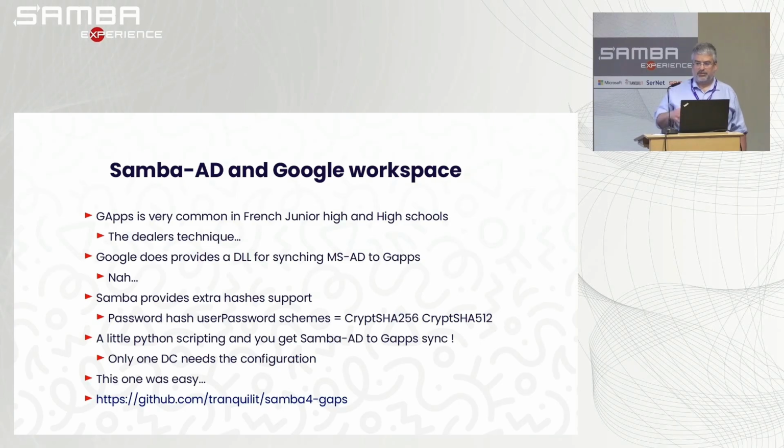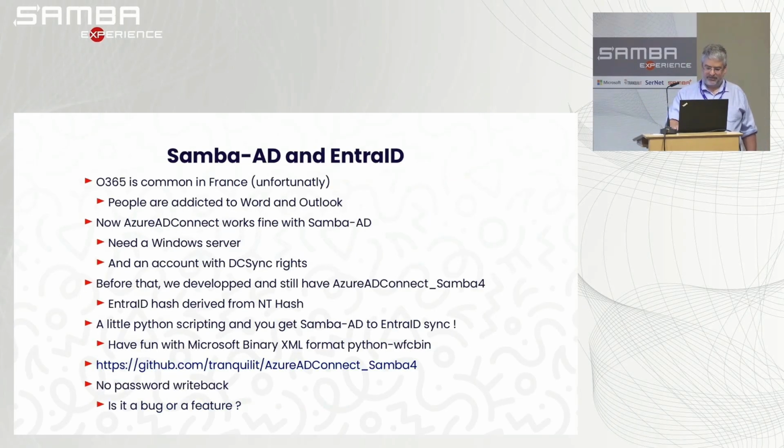Compared to the Google solution for Microsoft, where the DLL has to catch the password change so you have to put it on every DC, here you just put it on the PDC. Since the password hashes are created in the supplemental credentials, you don't need to have this script everywhere. So this one was quite easy. There is a GitHub repo for that.